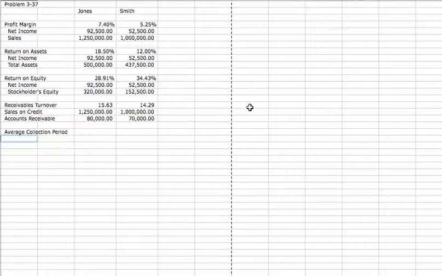So let's find accounts receivable. And we also need to know average daily credit sales.